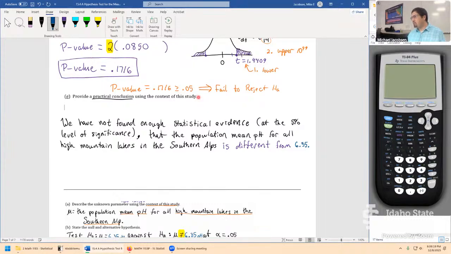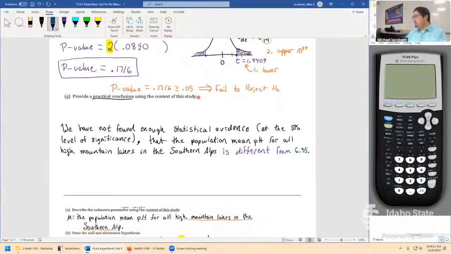I would say so, but the reason I haven't been putting it down below here is when it's referring to the practical conclusion, it's really just referring to this whole part right here. So if you said above, we fail to reject H naught, I would say that's a good thing to put into part G, but you would still have to say something along these lines down below.